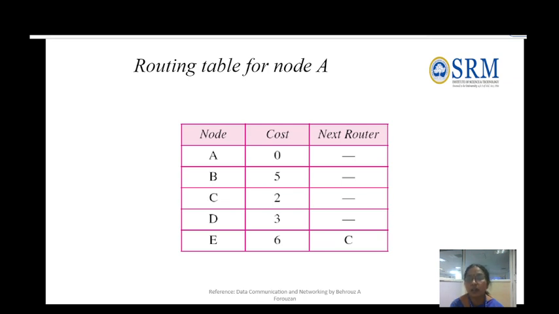From node A the cost is 0, to B the metric is 5, to C it is 2, to D it is 3, and to E it is 6. But for the next hop, the shortest path is 2 and 6, so we are moving via C. So the next router is identified as C as the shortest path. This way we can easily identify the link state routing information.